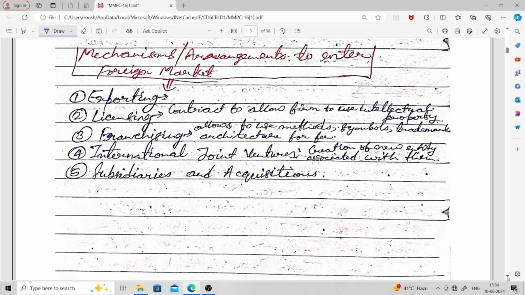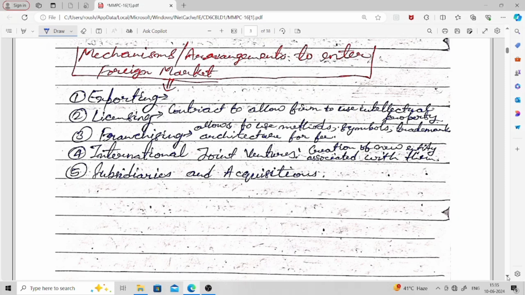Then, fourth, international joint ventures. In international joint ventures, a new entity is created. A company tries to go into another country by joining hands, sharing resources and capabilities to create a new entity. So that's international joint ventures.